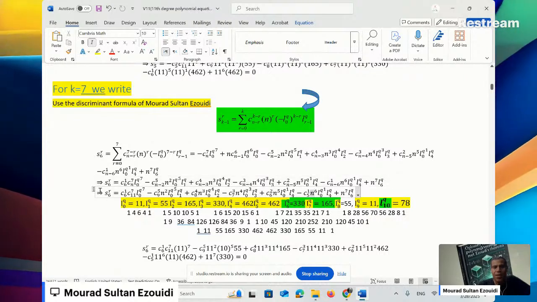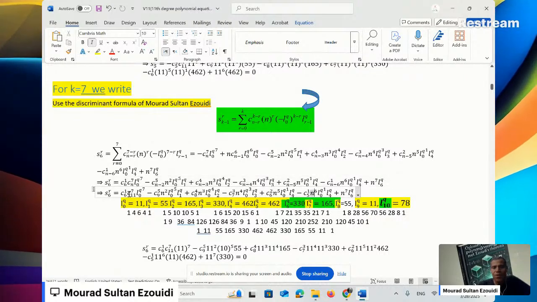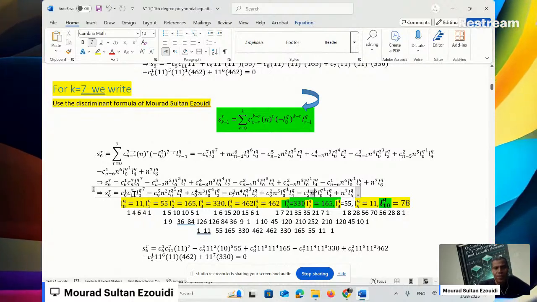This formula will give you the seventh coefficient of your new 11th degree equation.